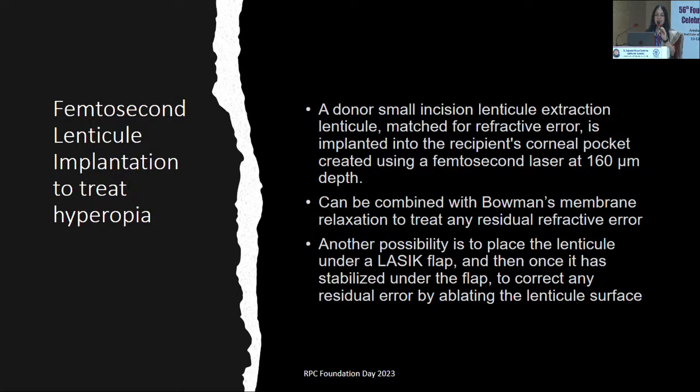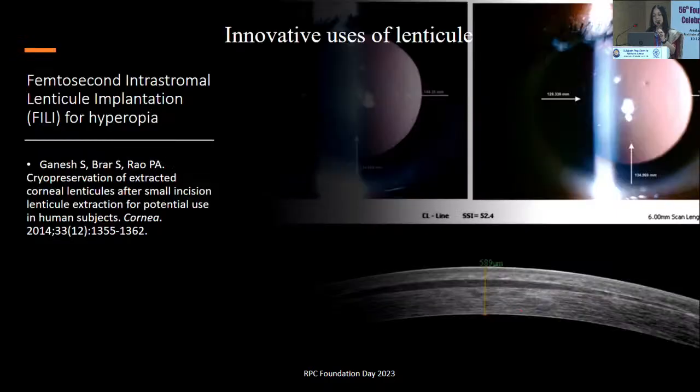This pocket is created at a greater depth, about 160 microns, and this can be combined with Bowman's membrane relaxation to treat any residual refractive error. Another possibility is also to create a flap and put the lenticule, but the one which is put in a pocket seems to be working the best.